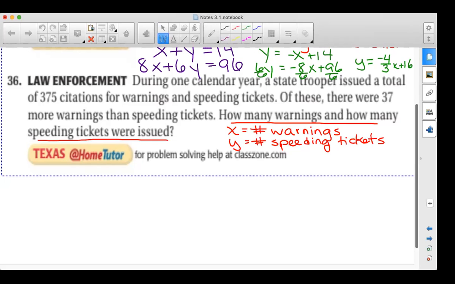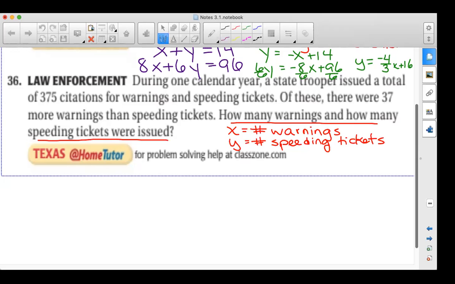So speeding tickets and warnings: X warnings, Y speeding tickets. Now I need to think about writing those equations again. Going back and looking at this sentence a second time: a state trooper issued a total of 375 citations for warnings and speeding tickets.